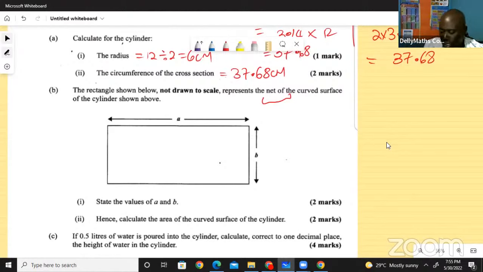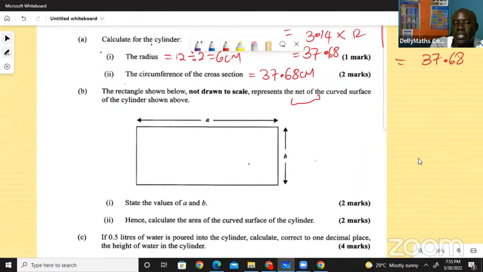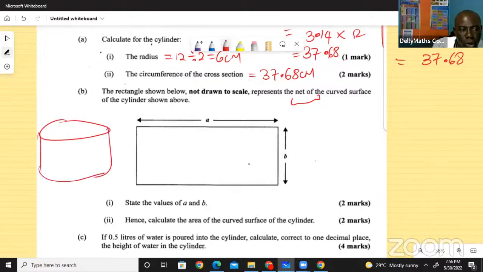Imagine that this piece of paper here is a cylinder. If you open it out, it's going to look like this. And that's what they're saying. Imagine that you cut it with scissors and just open it out, it looks like that.